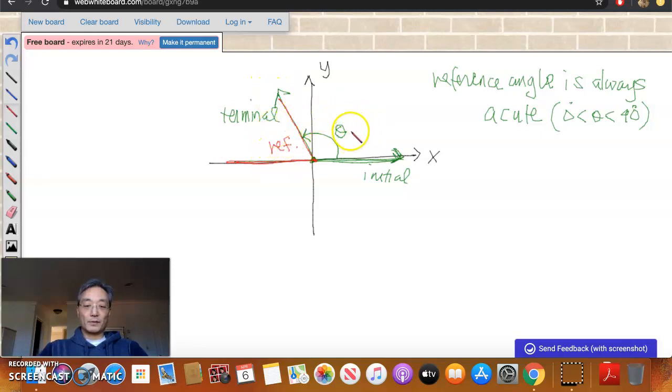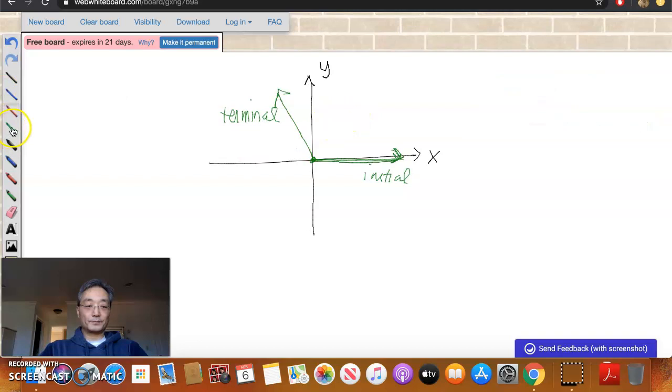So let's give an example. Let's say that theta was equal to, and I'm going to pick an obtuse angle here, let's say 120 degrees. So let's say we have an original angle of 120 degrees. Well, then what would our reference angle here be?